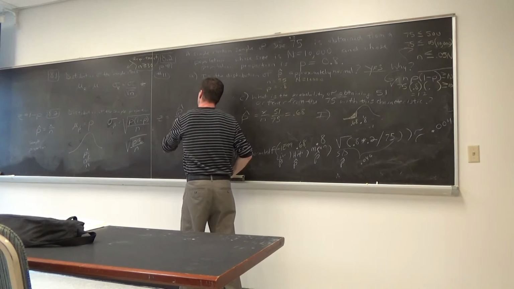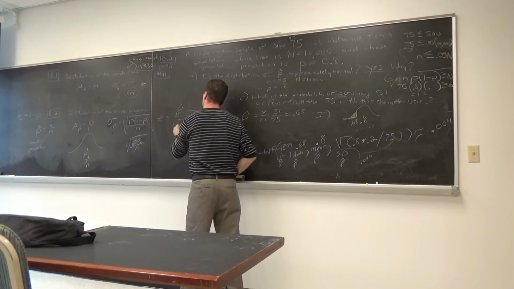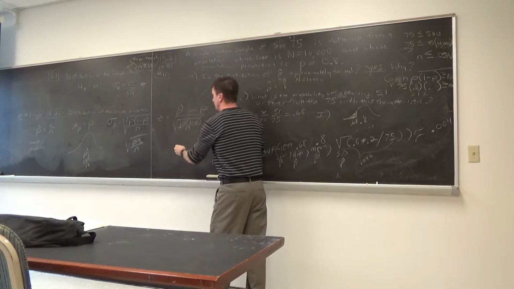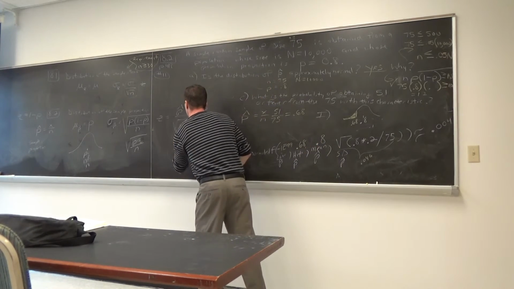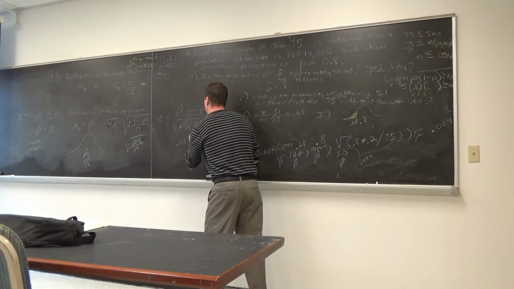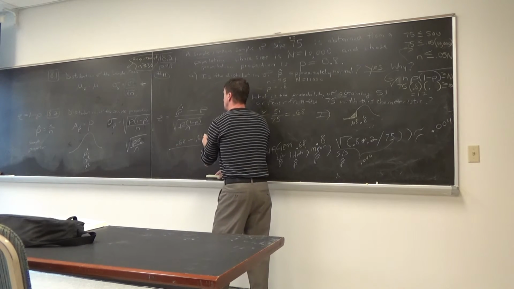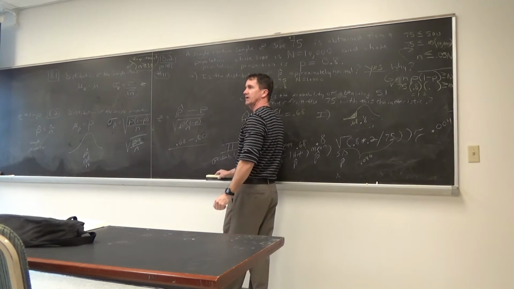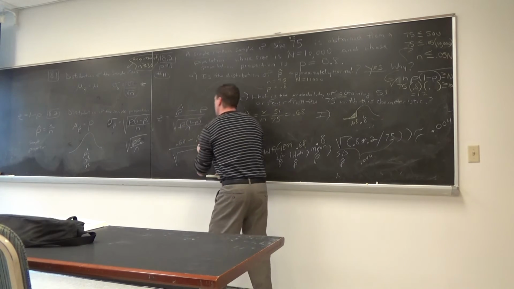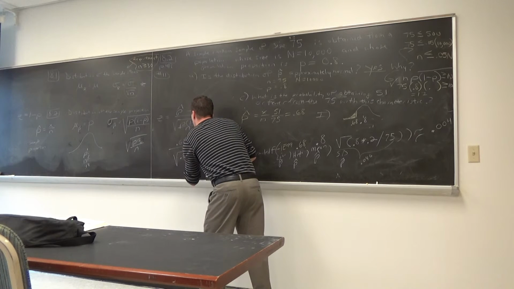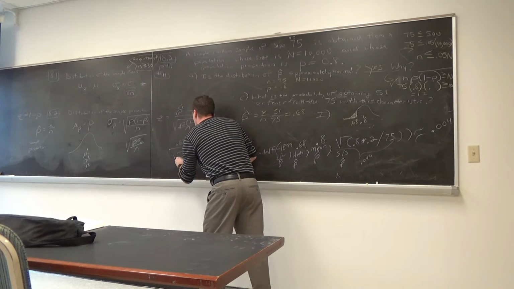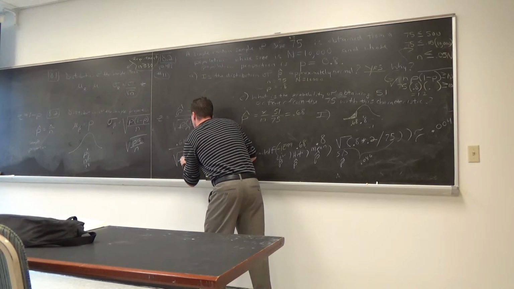But as you can see, it's a lot of typing, right? So it would be 0.68 minus, no, the mean was 0.8, right? Divided by the square root of 0.8 times 0.2 divided by 75.